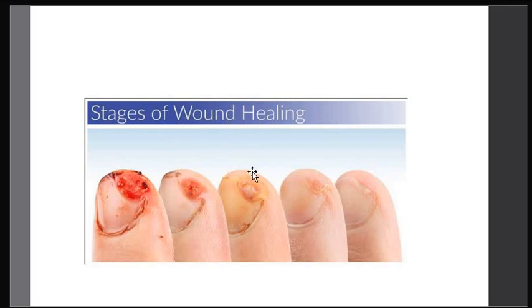The third step is proliferation. When all the debris and pathogens get removed from the body and the inflammatory process settles down, the proliferation of the underlying structures starts. Proliferation means the proliferation of fibers, collagen, elastin, and glycosaminoglycans.